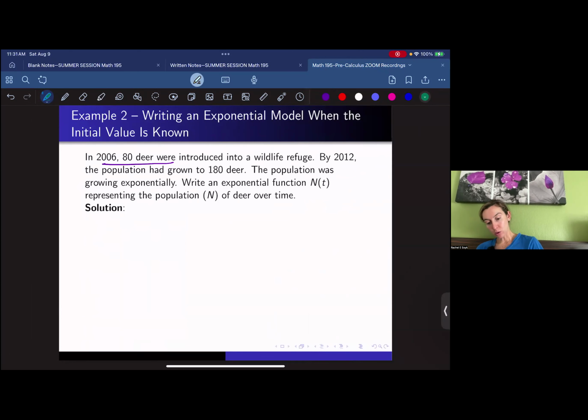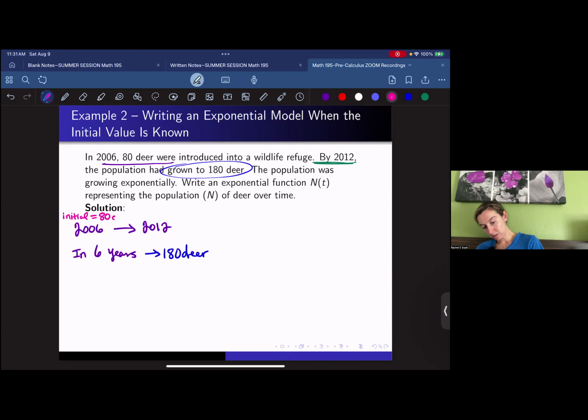By 2012, so we're going from 2006 to 2012, so think in 6 years, it's grown to 180 deer. Whereas in 2006, our initial was 80 deer. Always write down those key facts.